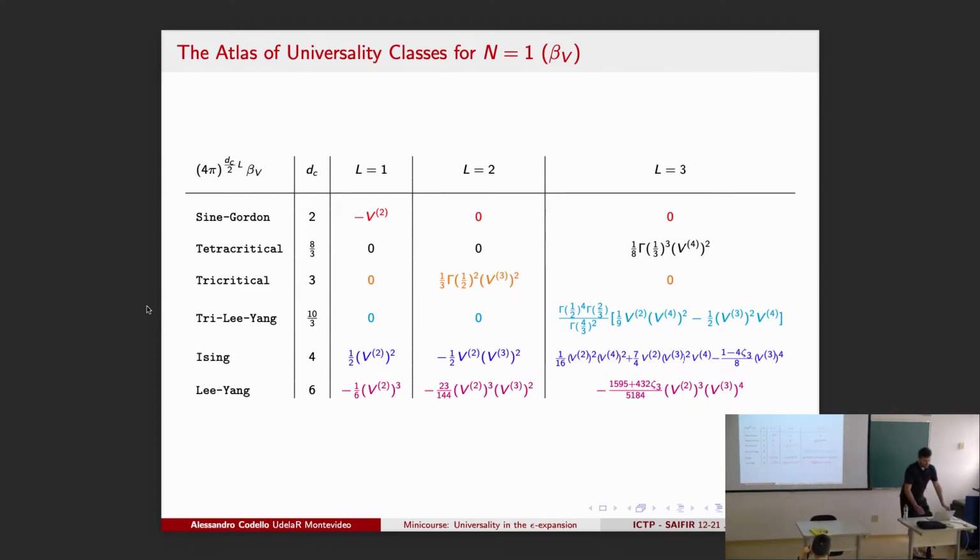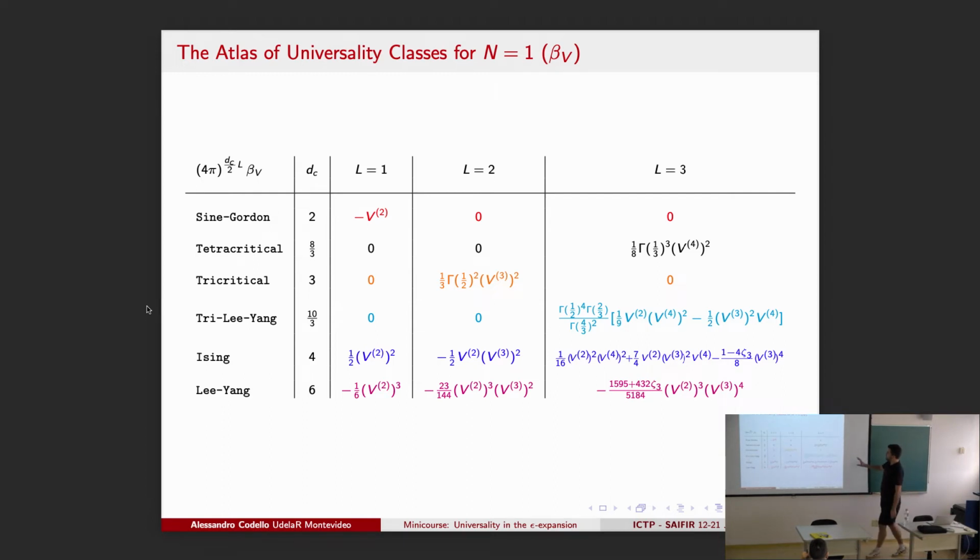One of the messages is that there are only 3 universality classes that already appear at one loop. Most universality classes appear at higher loop order. For example, at L equal 2, the first non-trivial RG information is encoded in divergences of 2 loop diagrams.